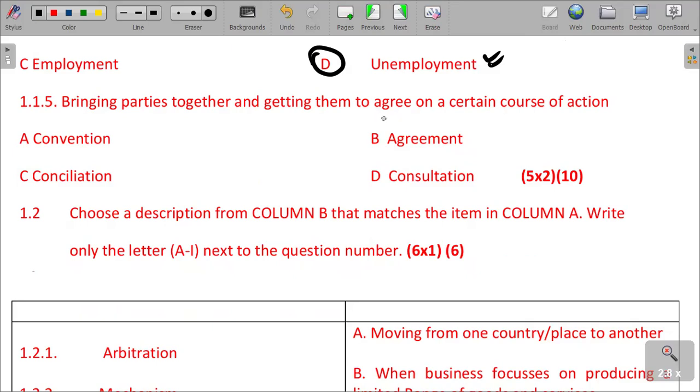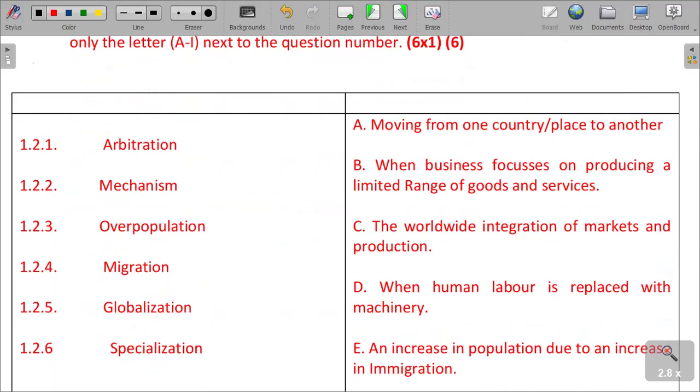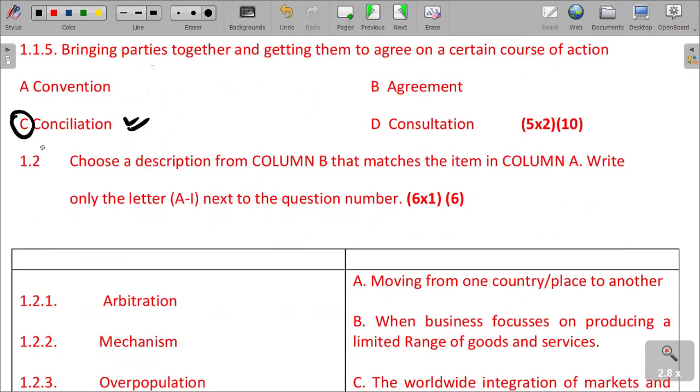When people are brought together for a discussion and coming to a conclusion on a course of action, we call that conciliation, derived from reconciliation, in order for them to set aside differences and find the best way forward.